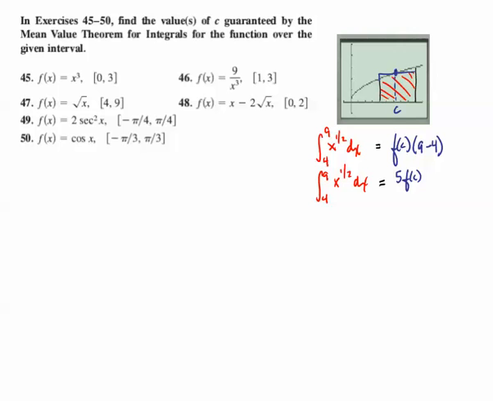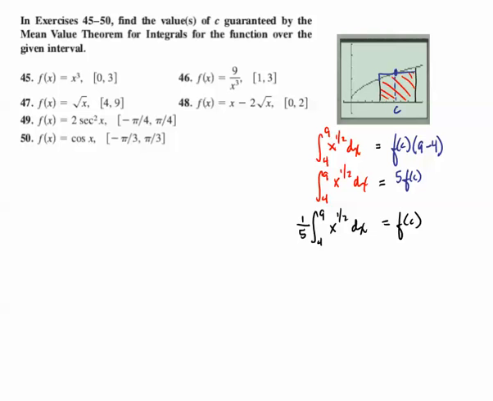The next thing we can do is just divide by 5 on both sides. So we would get 1/5 times the integral from 4 to 9 of x to the 1/2 dx is equal to f of c. That tells us the height along the curve that defines that horizontal line, which is the upper bound of the rectangle, which is the height of the rectangle.